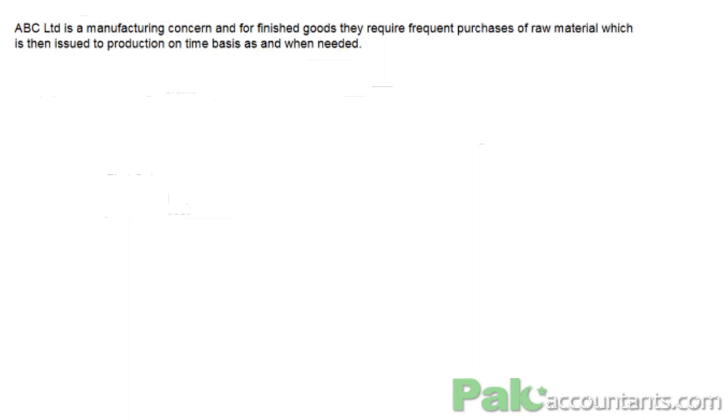ABC Limited is a manufacturing concern, and for finished goods, they require frequent purchases of raw material, which is then issued to production hall on a timely basis as and when needed. Okay.